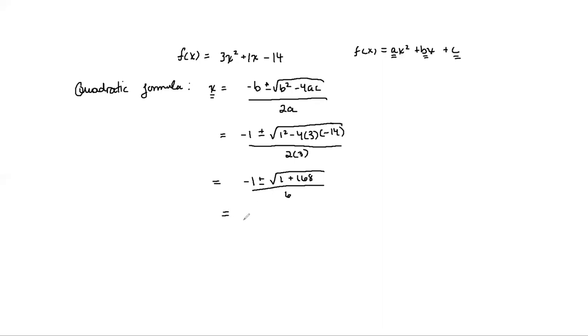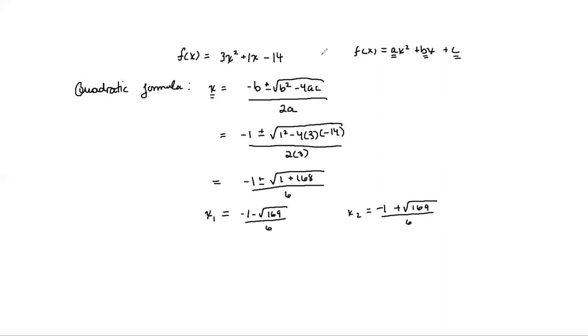So I will have one value of x, so I can call that one x1, as minus 1 minus the root of 169, and all that divided by 6. And I will have x2, which will be minus 1 plus root of 169 divided by 6.